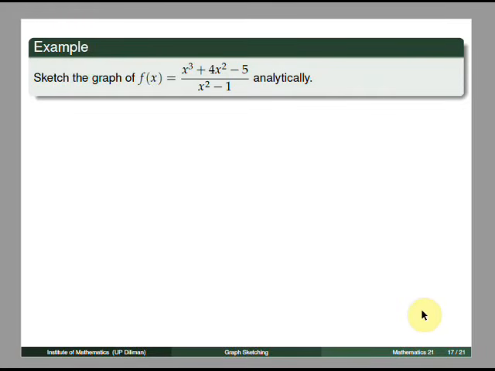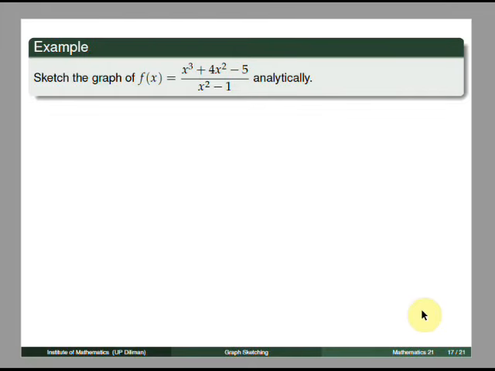In this example, we want to sketch the rational function x cubed plus 4x squared minus 5 all over x squared minus 1. Again, this is the same as in the previous videos, so you may check our previous videos if you have questions on the solution.